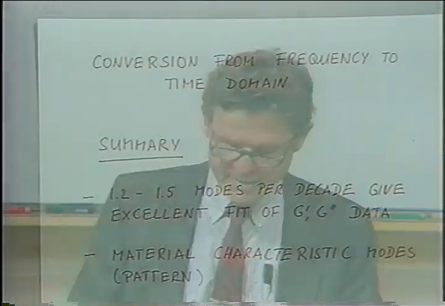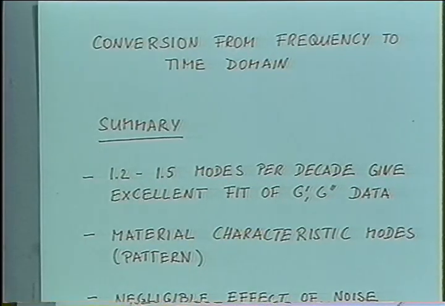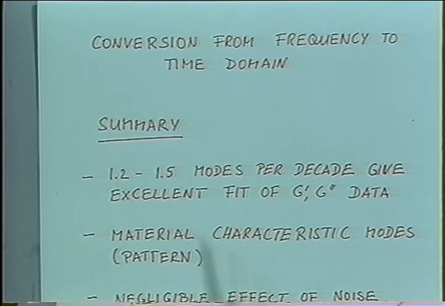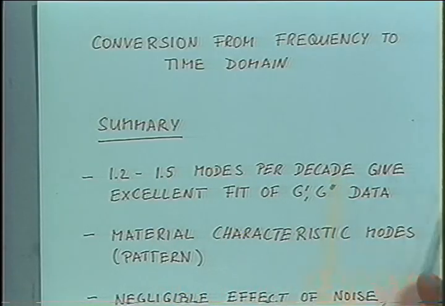You can see how unrealistic that is, but the reduction method doesn't care about realistic or unrealistic. So in summary, we can say that a discrete representation of the spectrum will give reasonable results if we have about 1.5 modes per decade. If we leave the modes free for the fitting, if we don't prescribe the relaxation time specifically, then the material characteristic modes will be calculated in this procedure.